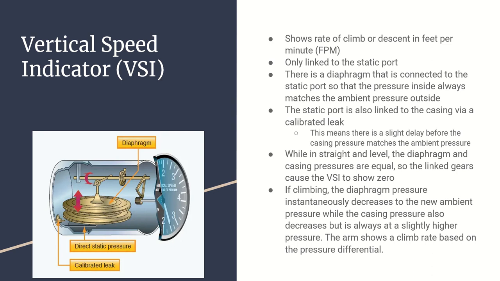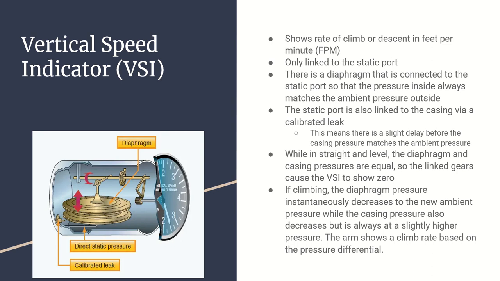Whereas with the diaphragm, it is a direct linkage. So as soon as that pressure reading of the ambient pressure from the static port changes, the pressure inside the diaphragm is changing. But with the calibrated leak, it takes a few seconds to reach that new pressure for the casing.